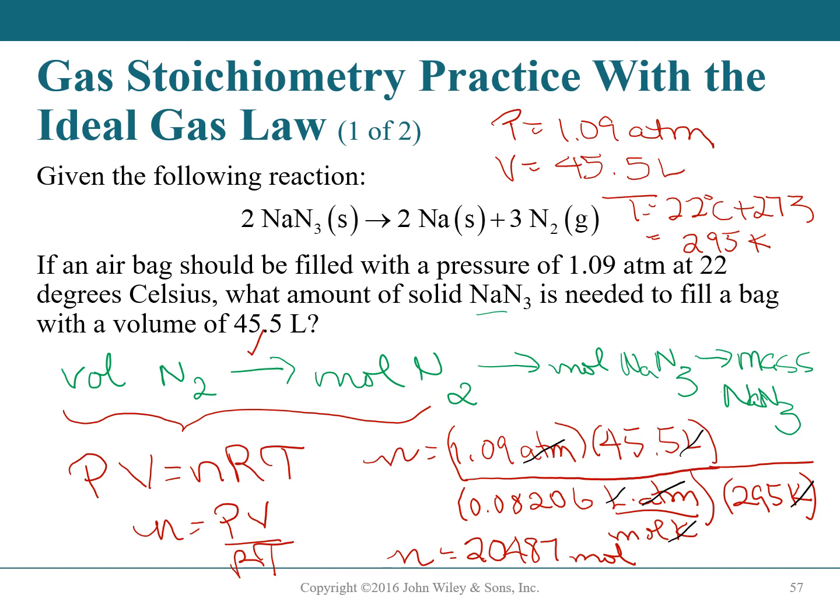We want 3 sig figs moles of nitrogen. Okay, so let me go ahead and put that right here. So n is equal to 2.0487, 3 sig figs moles of nitrogen. Okay, and the reason I'm doing that is my limited space.